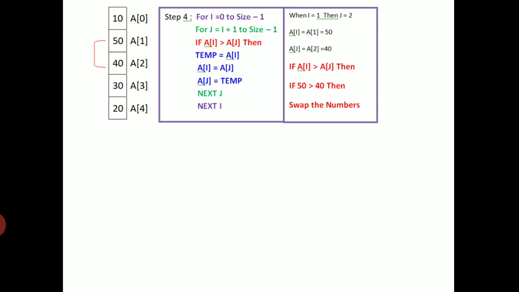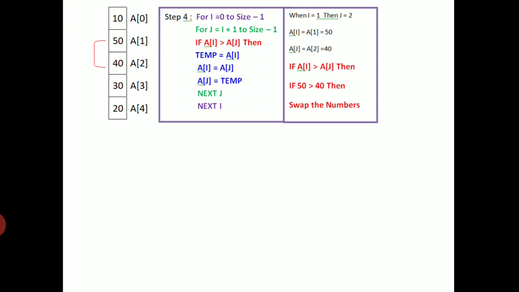The values are 50, 40, 30, 20, 10. Among these 5 values, concentrate here. Which is the lowest value? 10. And now 10 has occupied A of 0th location. That is its correct position. This is the technique of insertion sort.